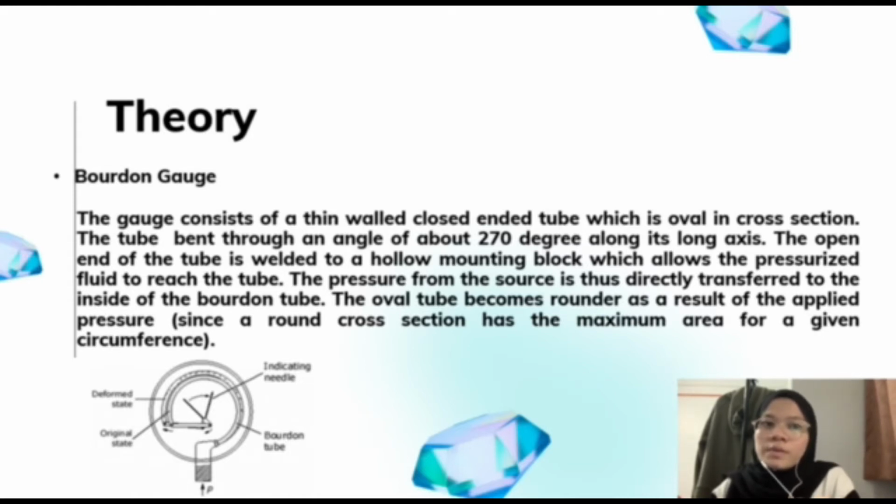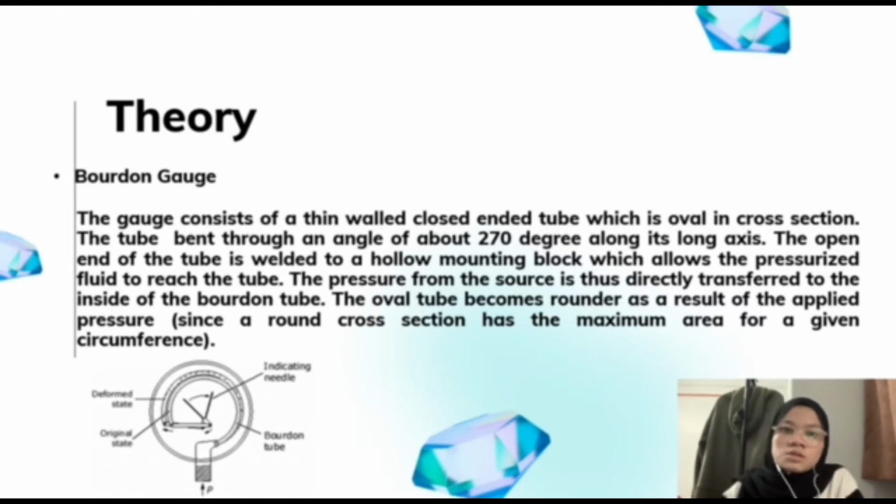The open end of the tube is welded to a hollow mounting block, which allows the pressurized fluid to reach the tube. The pressure from the source is thus directly transferred to the inside of the Bourdon tube, and the oval tube becomes rounder as a result of the applied pressure, since a round cross-section has the maximum area for the given circumference.